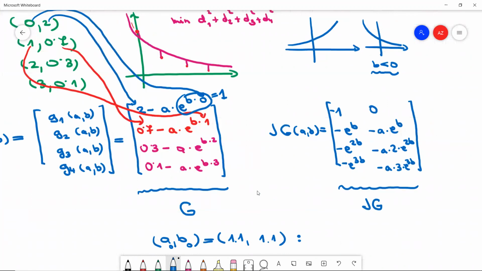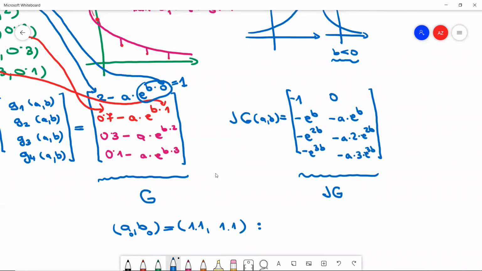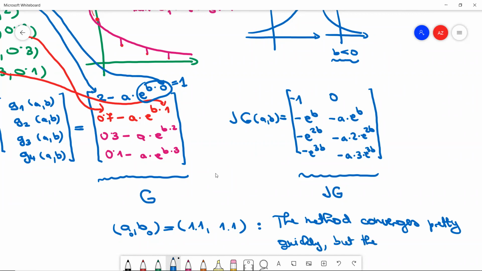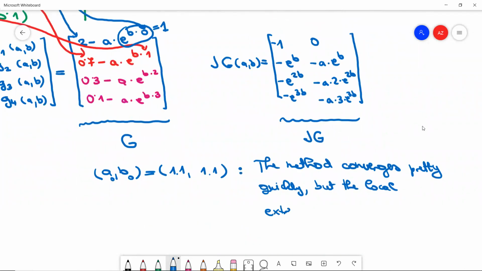So even if the method converges, we saw that in the first two approximates, the method really quickly converged, but the local extremum of G is not the one we would like to find.